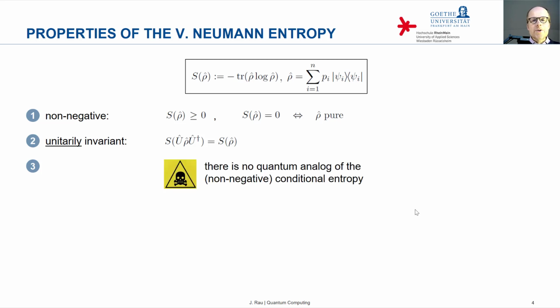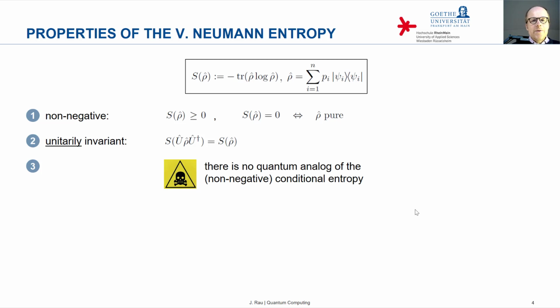And then comes a first interesting deviation from the classical case. In the classical case, we had as the next property the additivity. The entropy associated with a combined random experiment is the sum of the entropy associated with one of them and the conditional entropy, given the outcome of the first experiment, associated with the second experiment.